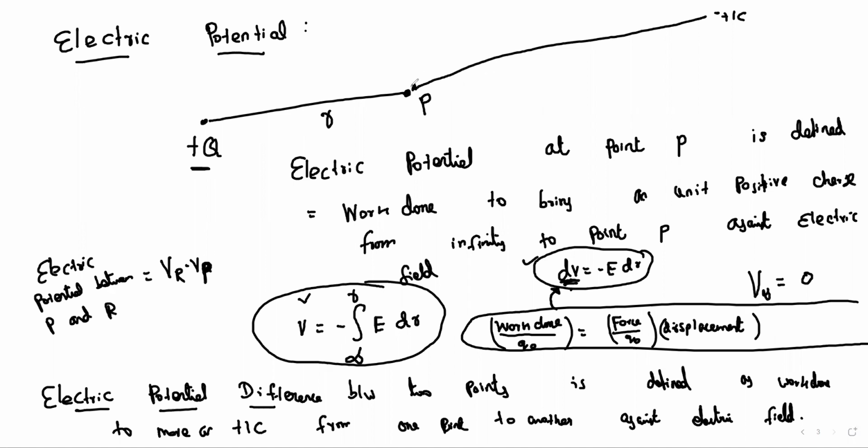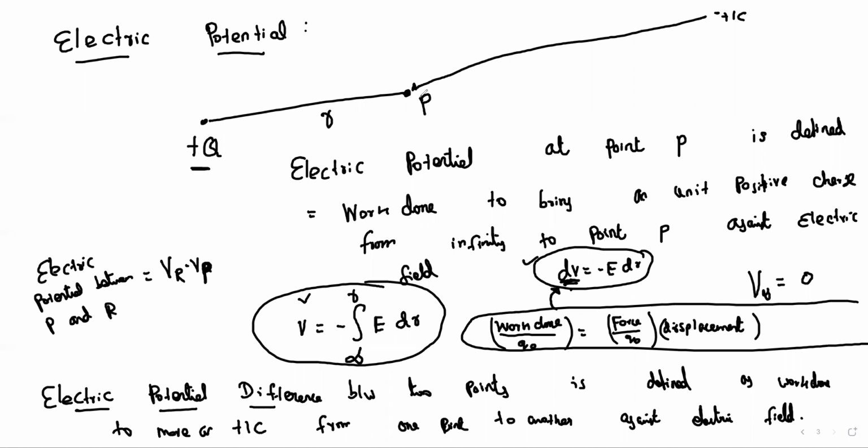Now, if you want to find the electric potential at point P in this electric field, that is the work done to bring a unit positive charge from somewhere outside to point P.